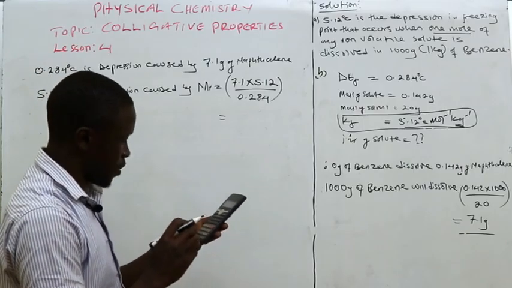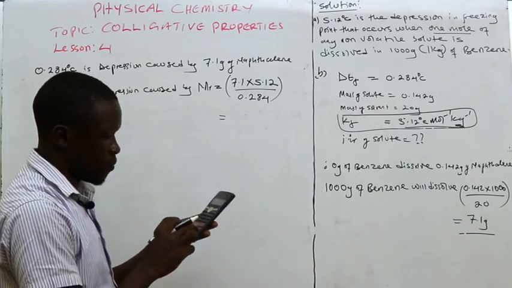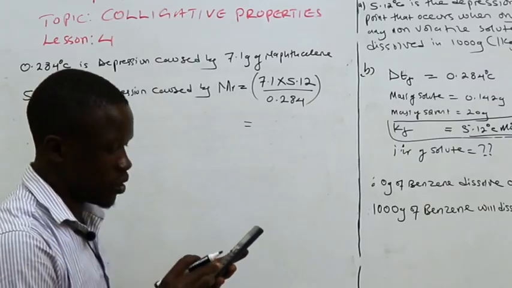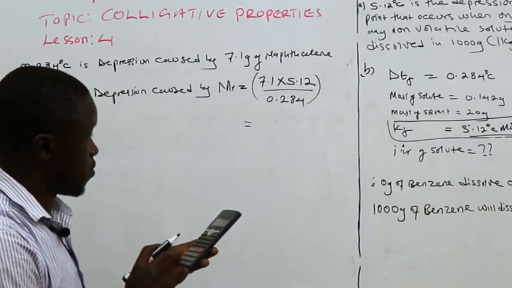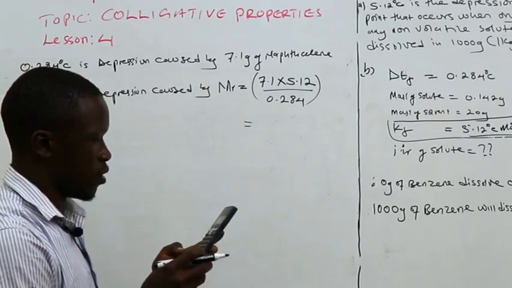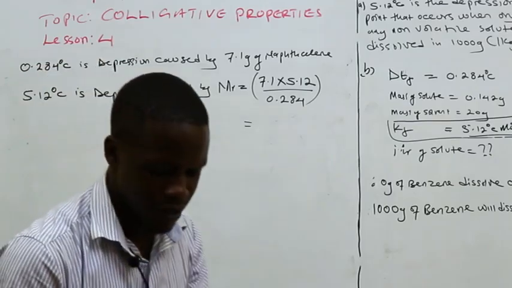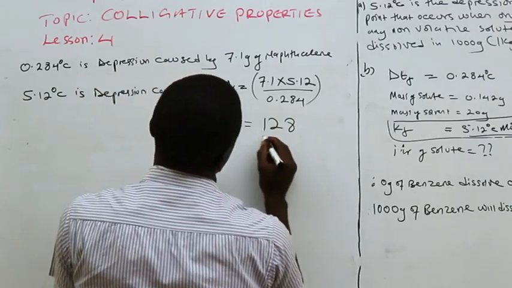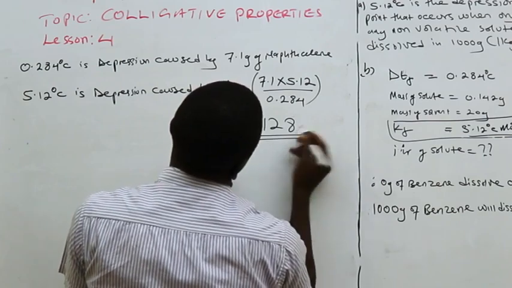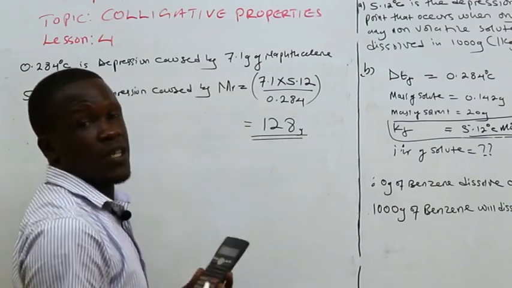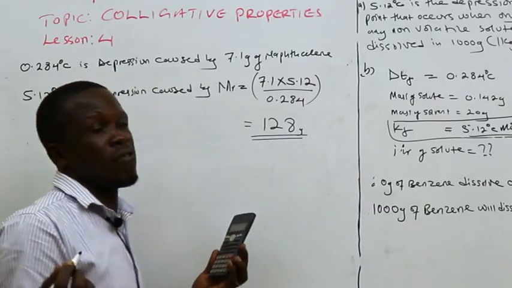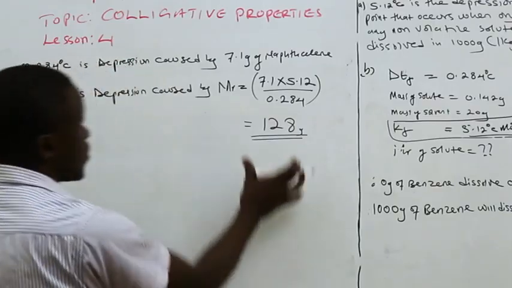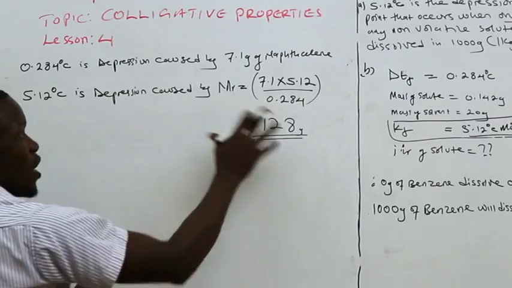This is 7.1 times 5.12 divided by 0.284. Oh, I had pressed something wrong, so we get 128, and this is our molecular mass. It can be in grams if they are simply saying molecular mass, but if they say relative molecular mass, you may ignore the units.